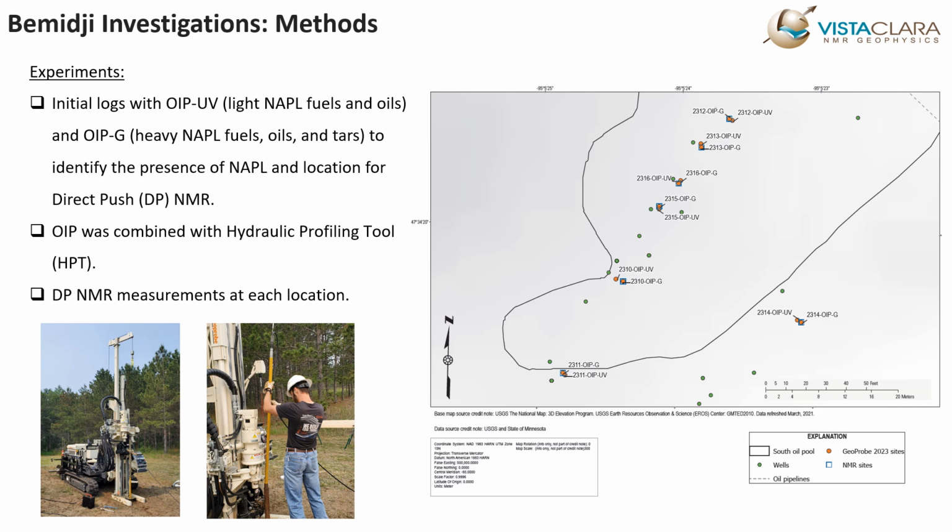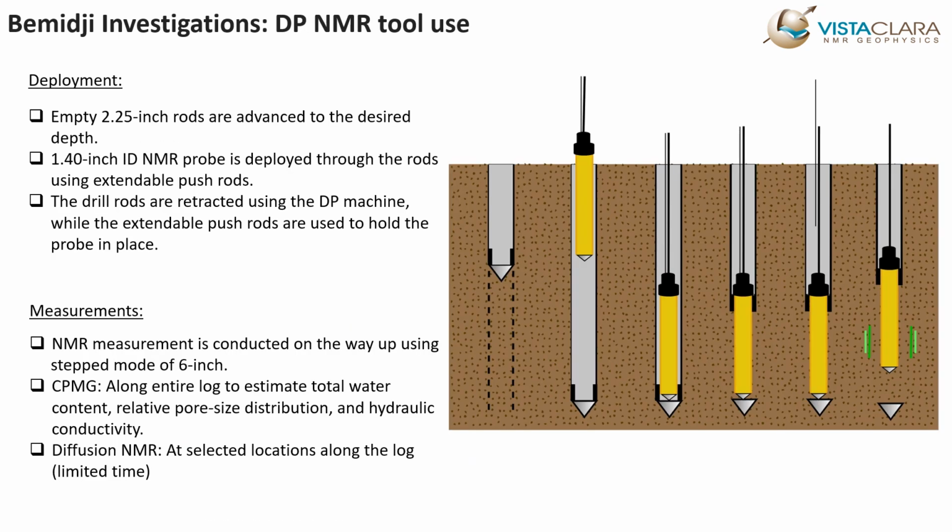OIP was combined with the HPT, and once we were done with the OIP, we conducted direct push NMR measurements at the same location. Here on the right you can find a brief illustration of the direct push NMR deployment. In order to use that tool, we first deploy empty 2¼ inch rods to the desired depth, and then we use a 1.4 inch ID NMR probe and deploy that probe through these rods using extendable push rods.